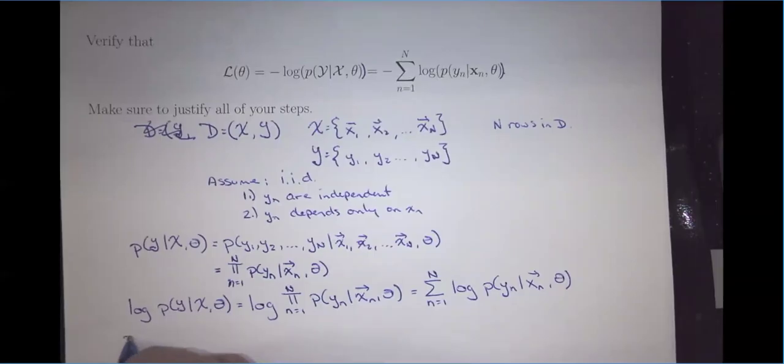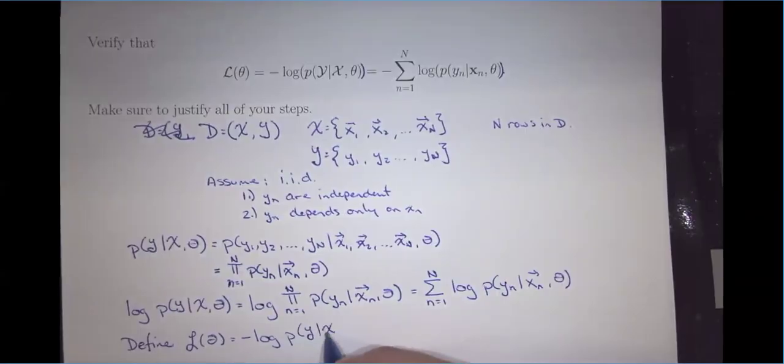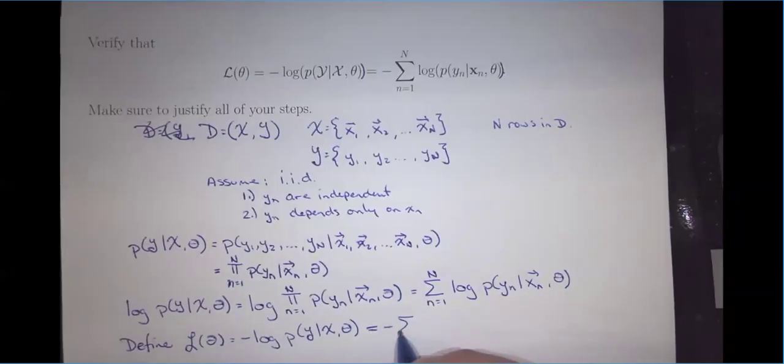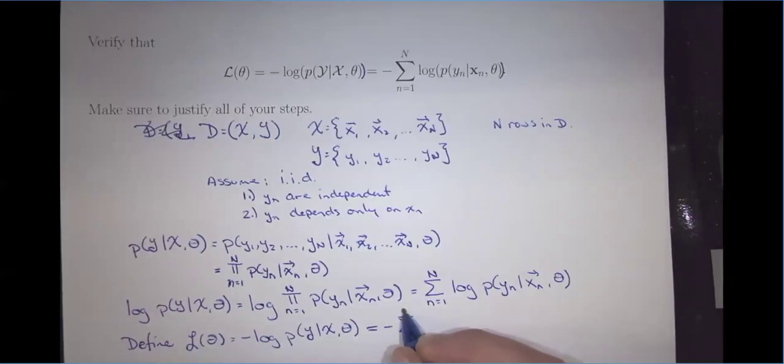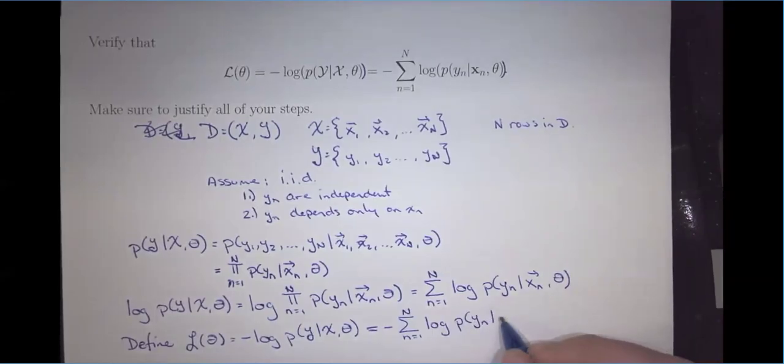So if we define L of theta to be negative the log of the probability of y given x and theta, then it will indeed be equal to negative the sum from 1 to capital N of the log of the probability of yn given xn and theta.